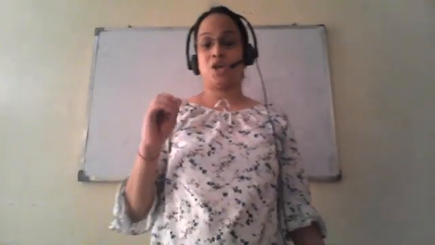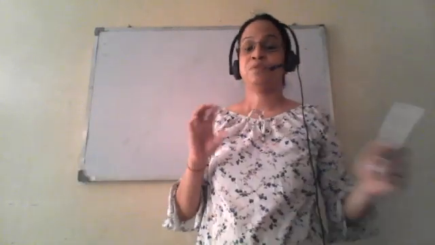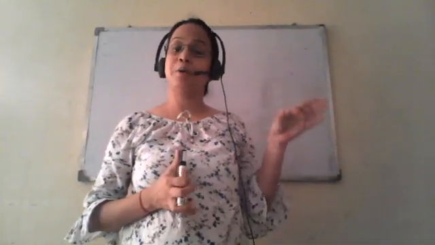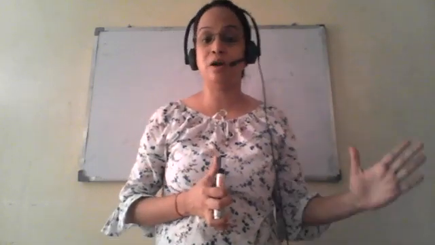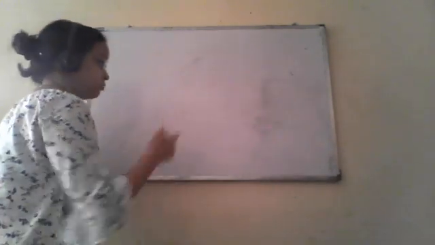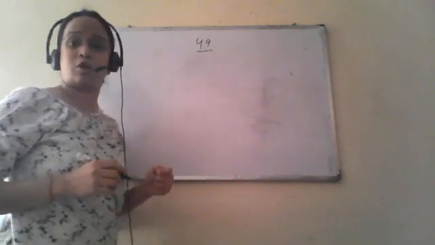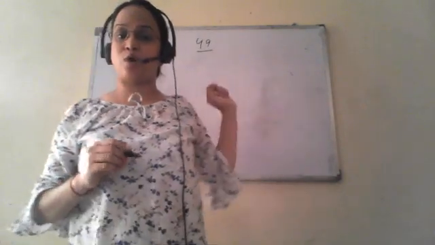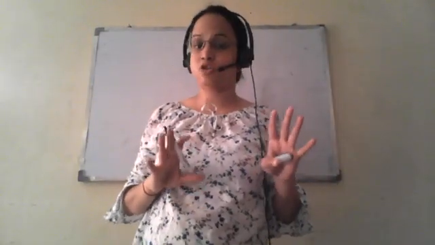Suppose we have to check whether a number is a perfect square or not, that particular number should be expressed as a sum of successive odd numbers, and that has to start from 1. So if we have to check whether 49 is a perfect square or not, this 49 has to be expressed as a sum of consecutive odd numbers.